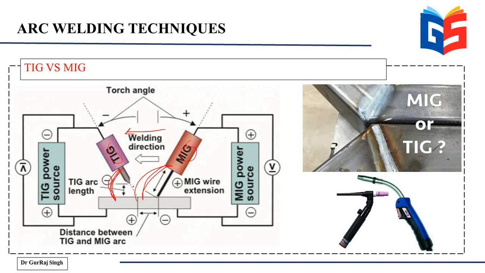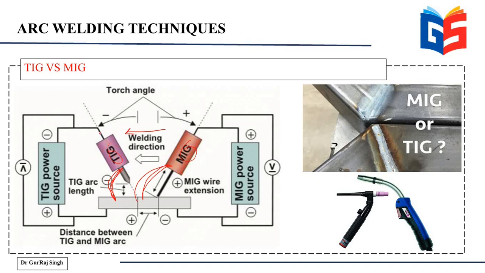Secondly, you can have a look at the difference in the standoff distances. In case of the tungsten electrode for TIG welding, you're maintaining a small standoff distance for the arc to be struck, which is not there in case of MIG welding. The third key difference exists in the type of polarity that you're using.